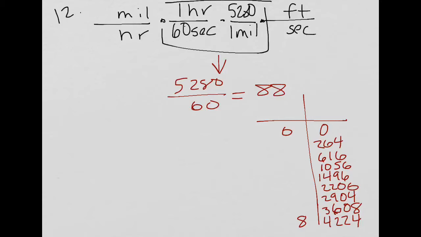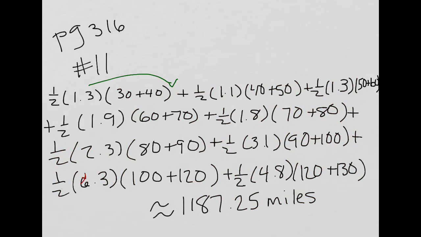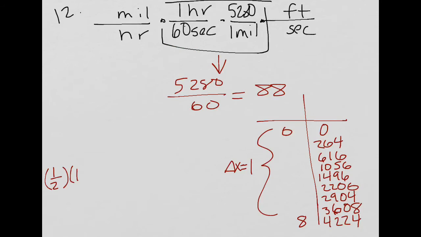So if I'm going to use the trapezoid rule, I do have equal intervals here, so my change is 1. So I can factor out a 1/2 and a 1 if I wanted to. Sorry about that. And go ahead and use the 0 and then the 2 times the middle numbers like we discussed yesterday.